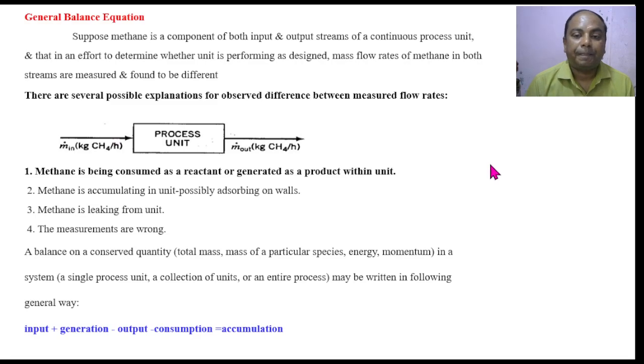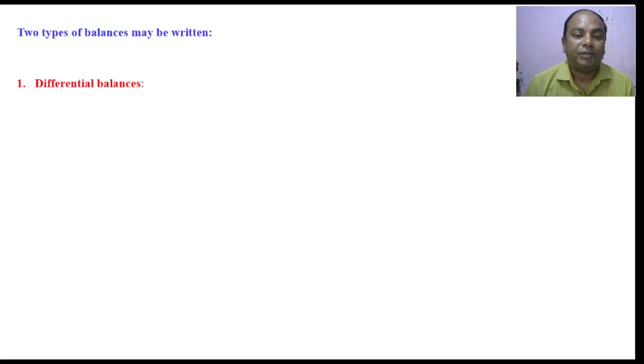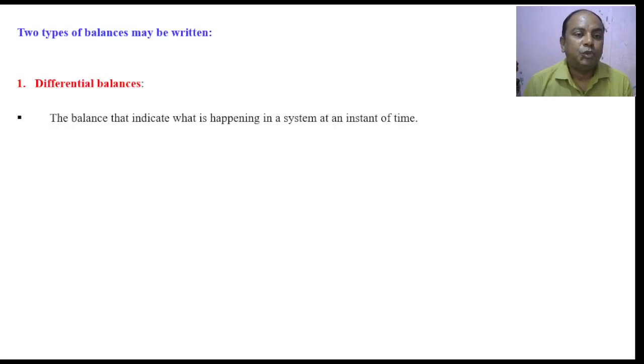Now next, whenever we want to perform material balance calculation, we use two different types of balances. The first one is the differential balance, and another one is the integral balance.